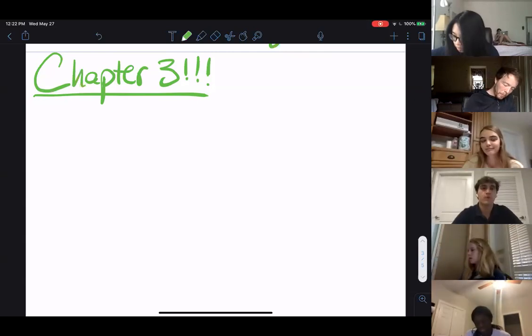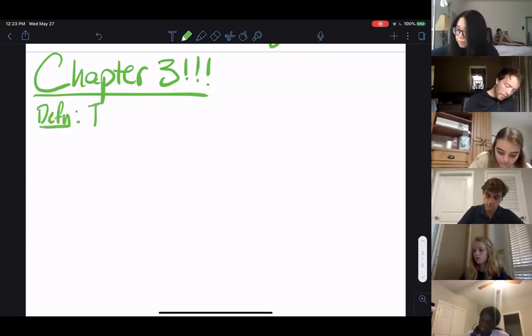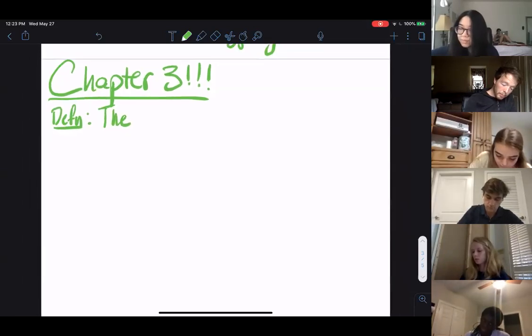I think it would be most appropriate for me to write this definition, which is one we've actually seen before, which is the definition of a probability.